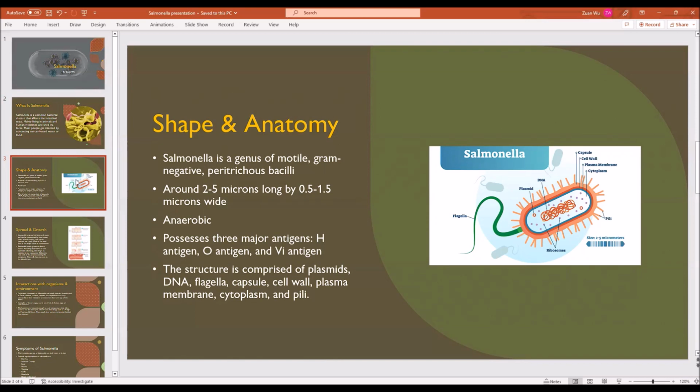It's anaerobic and possesses three major antigens: H antigen, O antigen, and V antigen. The structures of Salmonella usually comprise flagella, plasmid, DNA, capsule, cell wall, plasma membrane, cytoplasm, and pili.